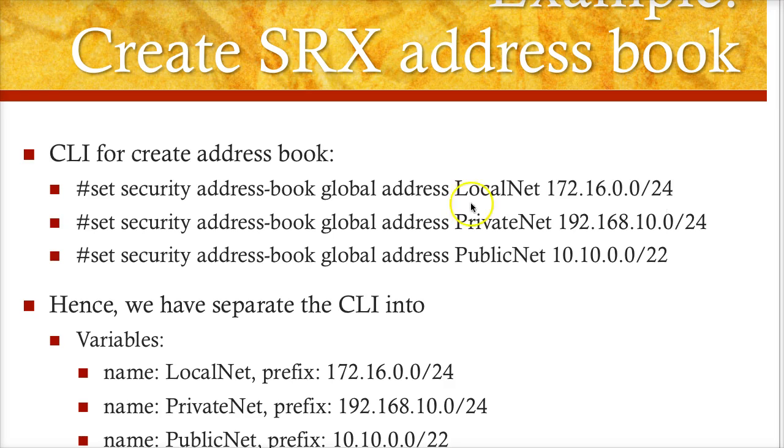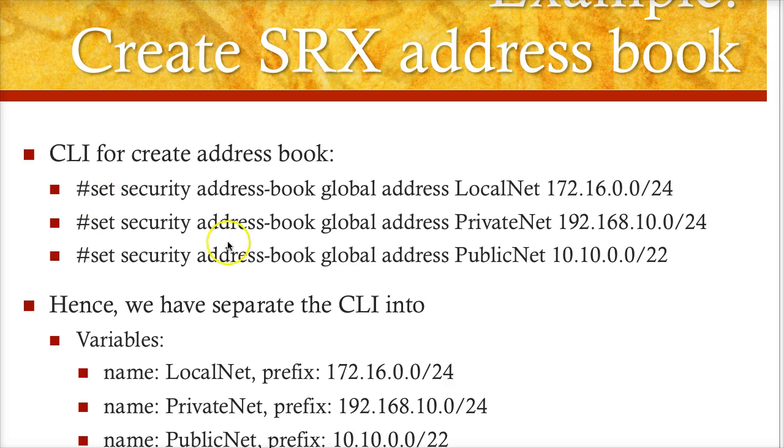Now, if you look at it, this is the name, which is the variable here, and you also have the command line: set security address-book global address. The idea is that if we do automation, we can substitute the name and put it in a playbook file.